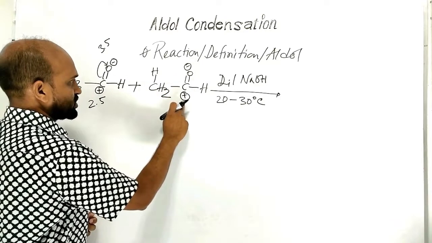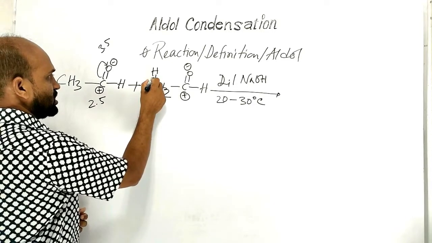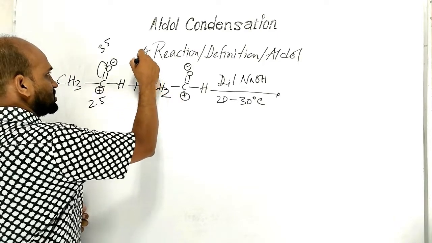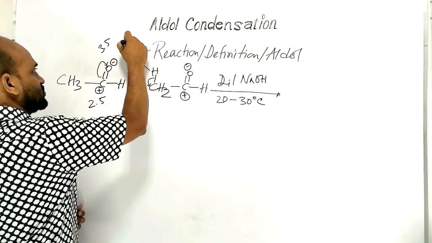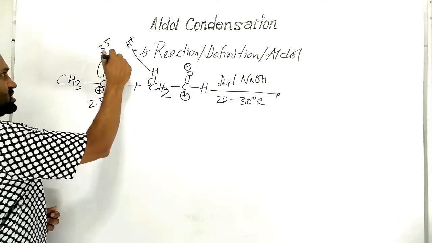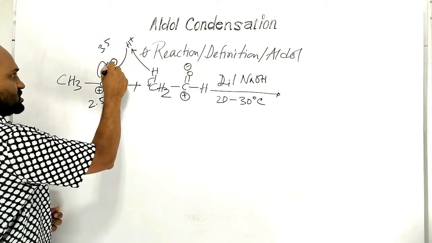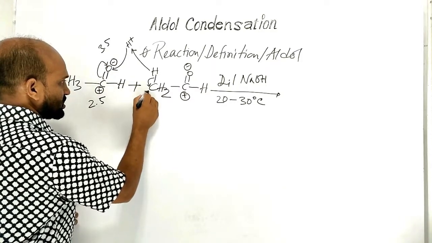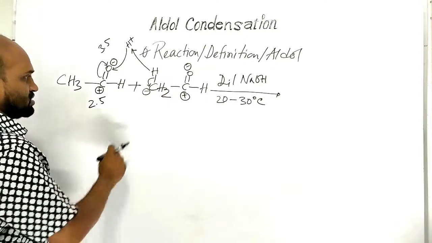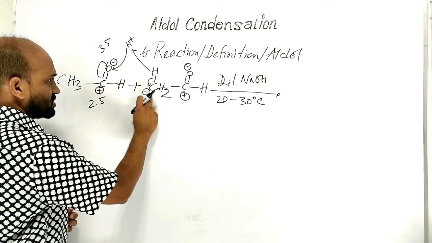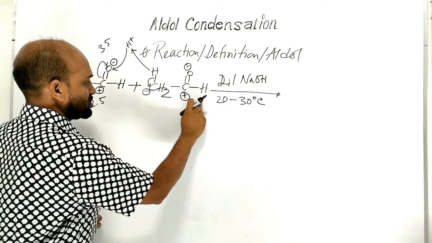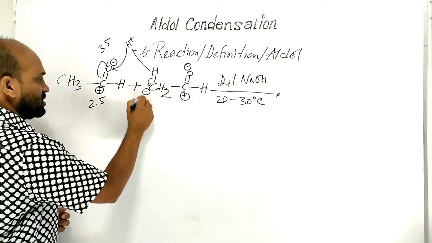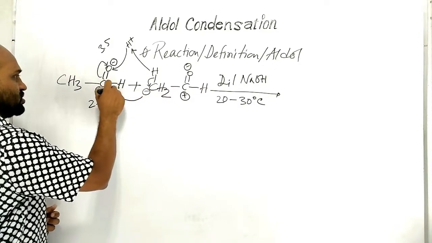Because of this positive charge, these covalently bonded electrons move towards carbon, and as a result, this hydrogen is freed as proton that combines with this oxygen, and this carbon becomes negatively charged. This negatively charged carbon, that means now this compound is a nucleophile. So this nucleophile combines with this carbon.